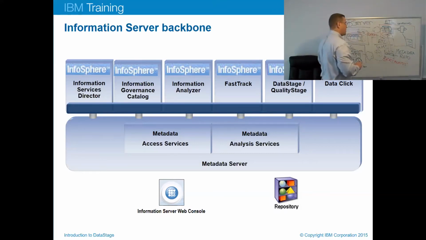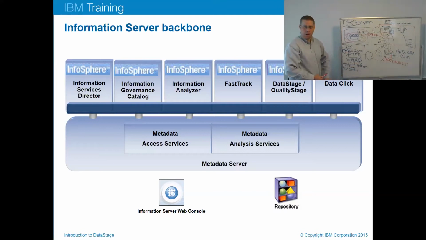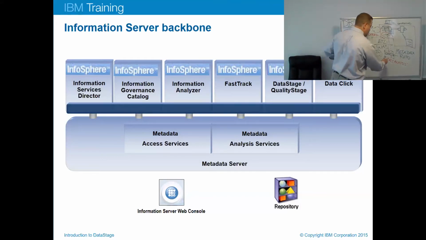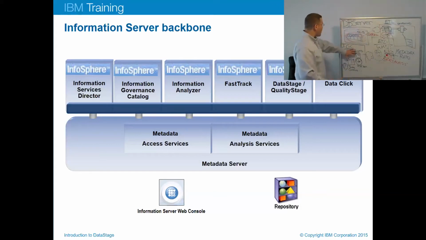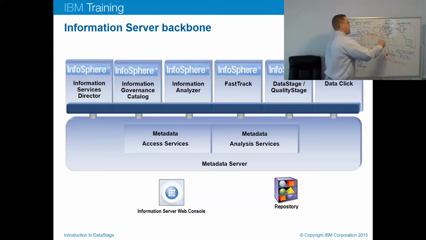We can do impact analysis now on things like the sales table. Even if you're not using the governance catalog, because of the fact that InfoSphere maintains this information, that the sales table was used in the sales load job, that means that if I find out there's going to be a change to the sales table, so if somebody is going to delta the sales table, they're going to change it, we can run a report, even without IGC, just using DataStage.